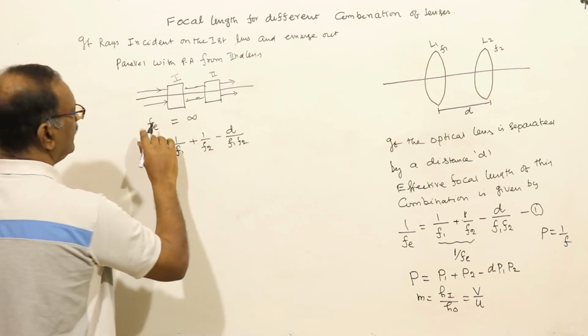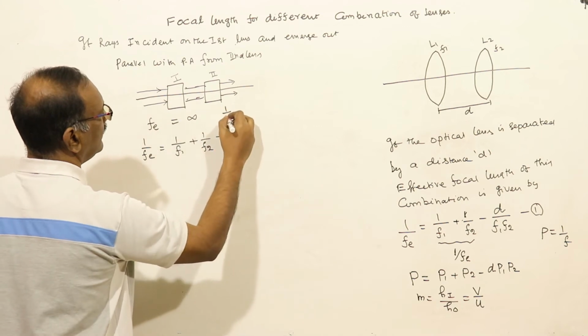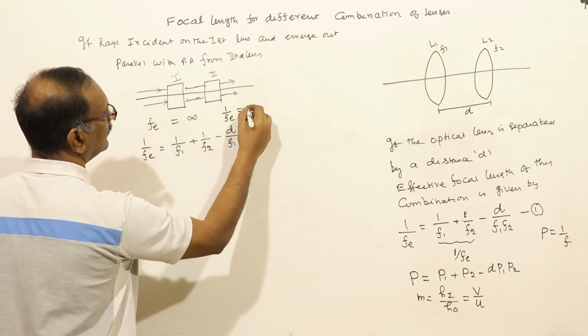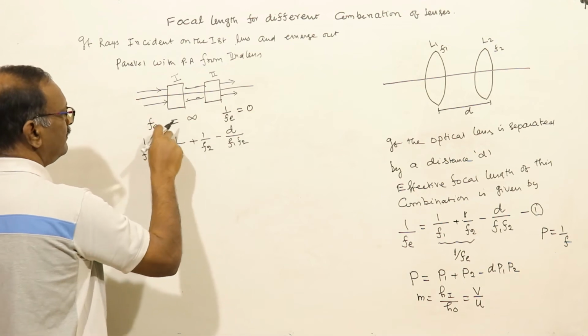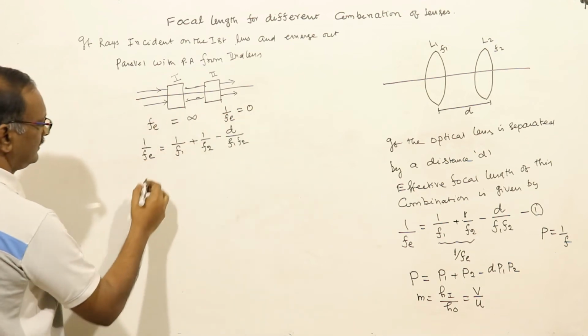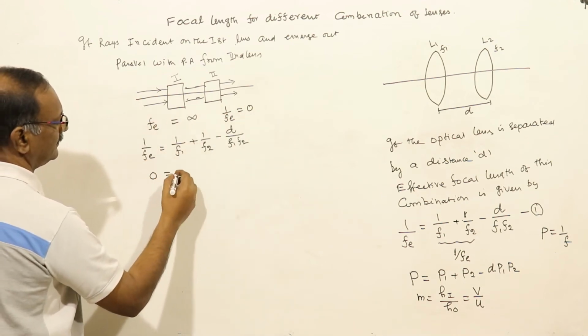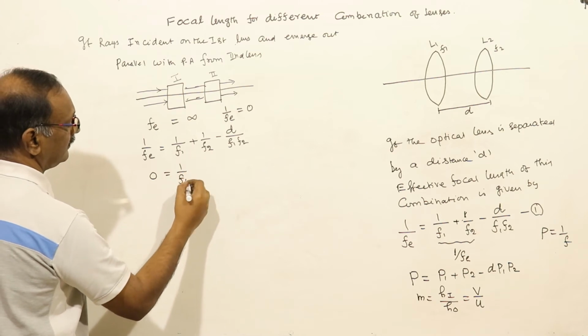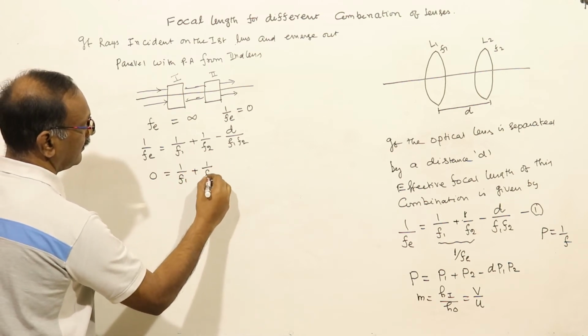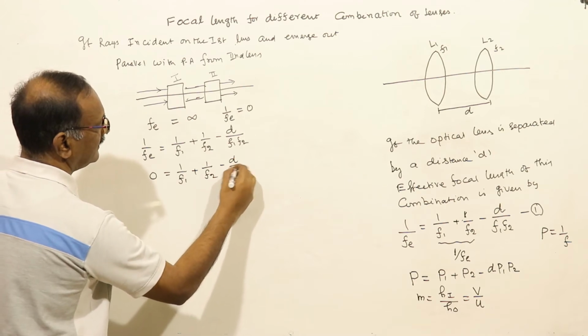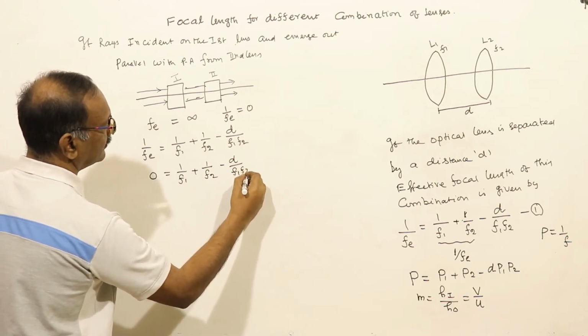Since Fe is infinity, 1 by Fe will be equal to 0. So 1 by infinity is equal to 0. So this will become 0 is equal to 1 by F1 plus 1 by F2 minus D by F1 F2.